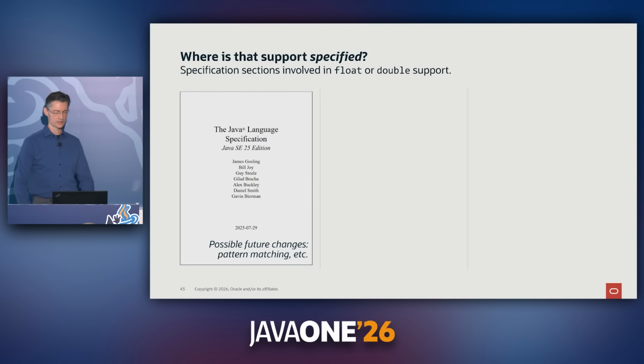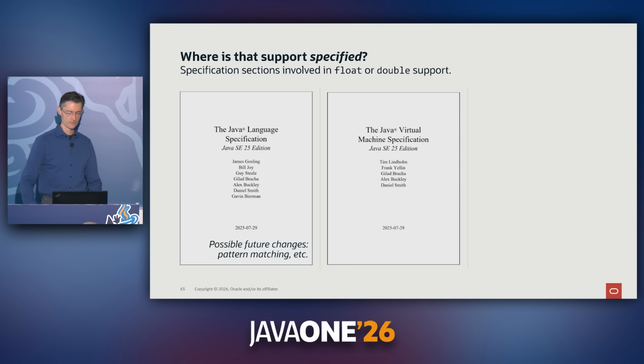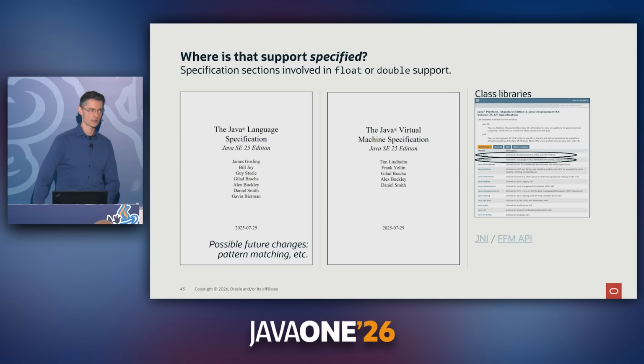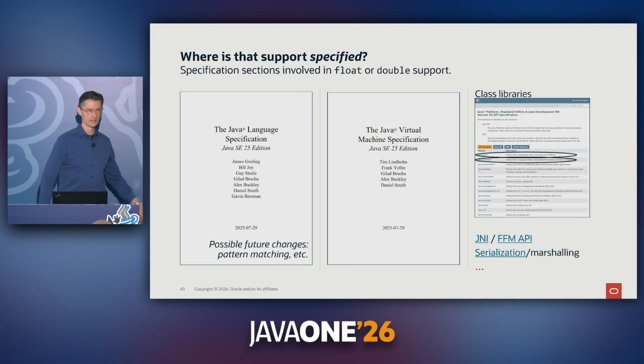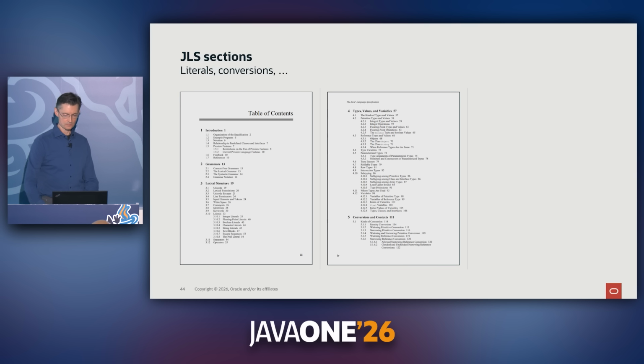These specifications range over the Java language specification, the JLS, the virtual machine specification, as well as various parts of the class libraries, both to use the values directly in the class libraries as well as to reflect over them. There's also specification work needed in JNI and FFM, as well as things like serialization.